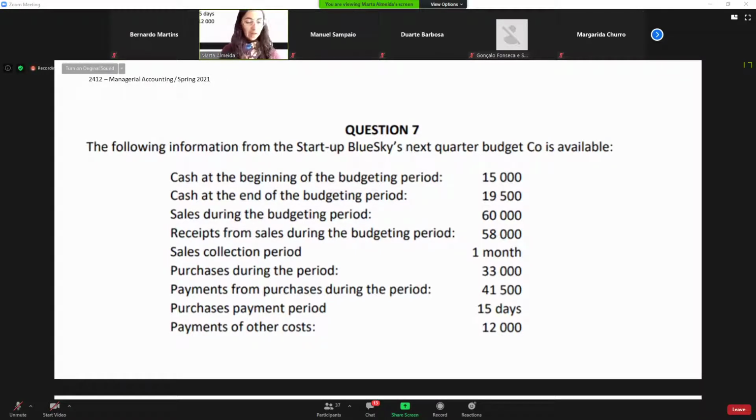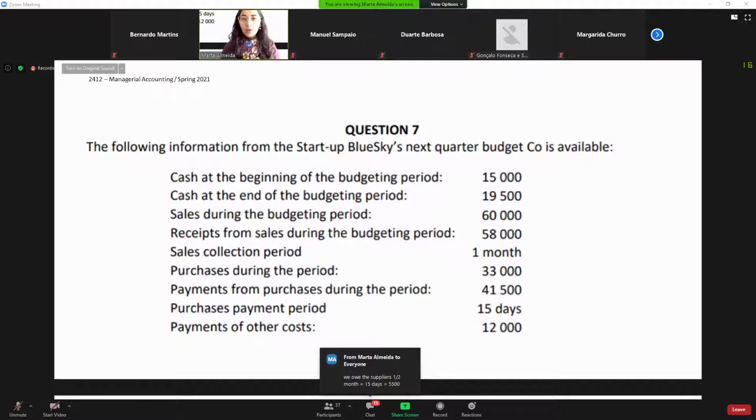So we will have purchases of 33,000 for 3 months. That means that we have 11,000 per month. We will owe the suppliers half a month, which is 15 days, and that is 5,500 euros.